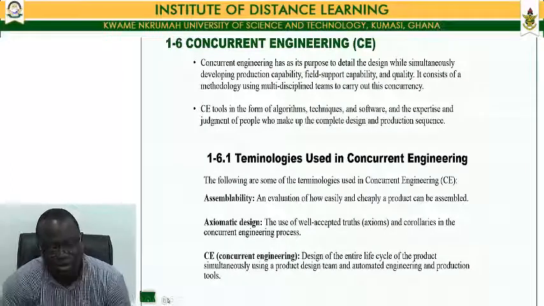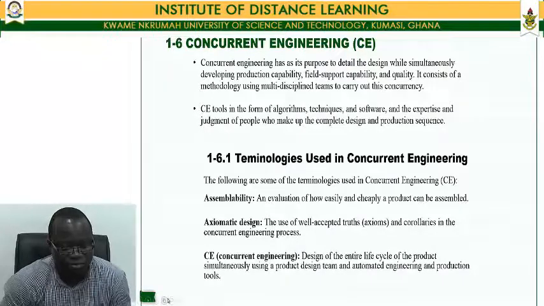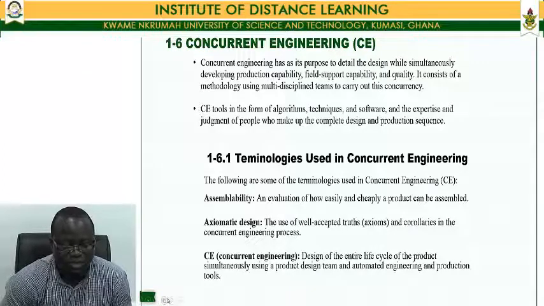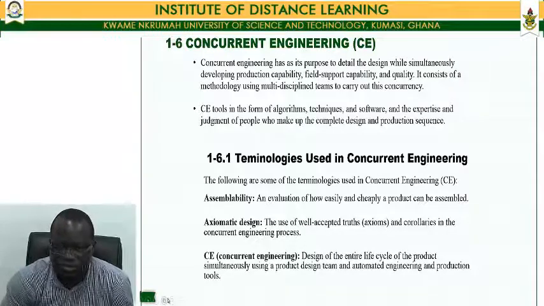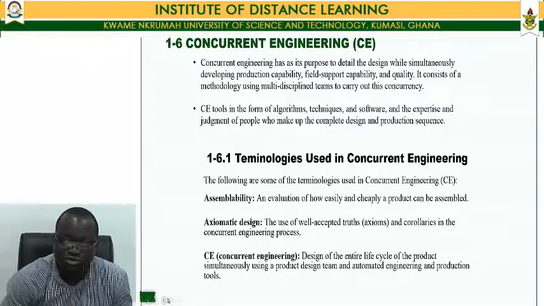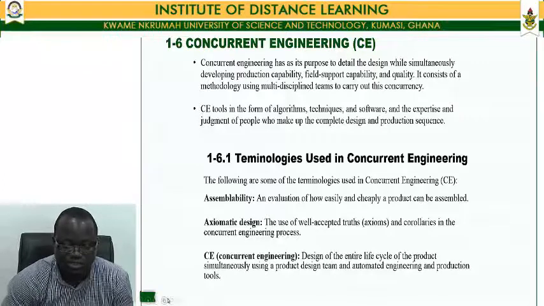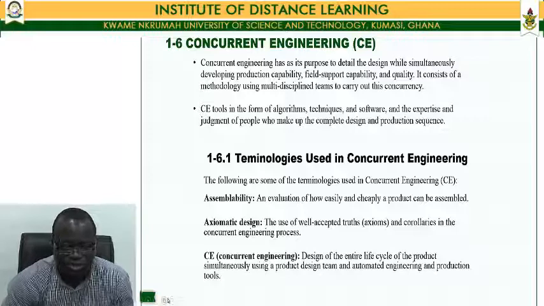Now, when it comes to concurrent engineering, if you want to define it, it basically has an objective to simply detail the design while simultaneously developing production capability, full support capability, and also quality. So it's like having a simultaneous approach to the engineering process.